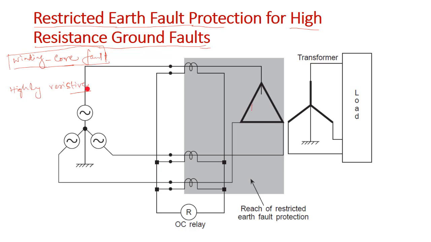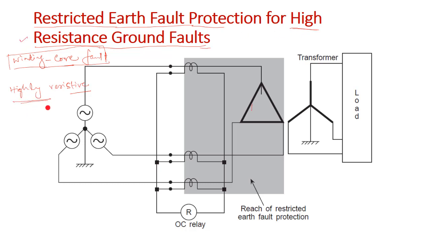So therefore when the core is being earthed, being shorted with the winding, the core in fact provides a high resistive path. So therefore it is called a high resistance ground fault. It is a ground fault but with high resistance.